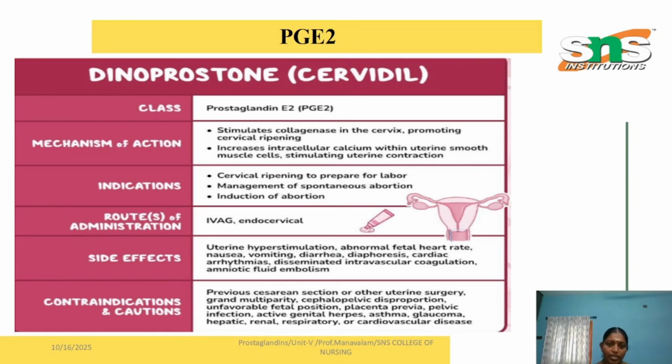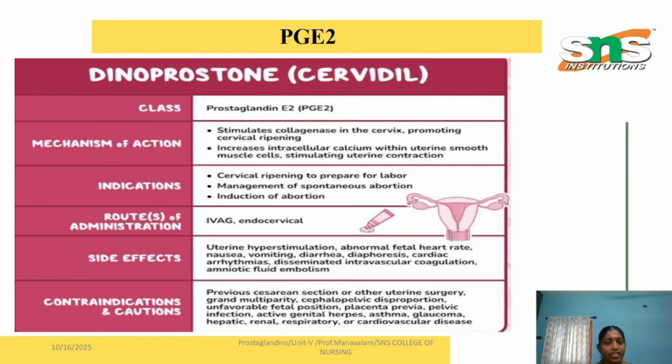In case of spontaneous abortion, they are using the dinoprostol gel. For induction of abortion and induction of labor, they are using the dinoprostol gel. Route of administration is either endocervical or intravaginal.